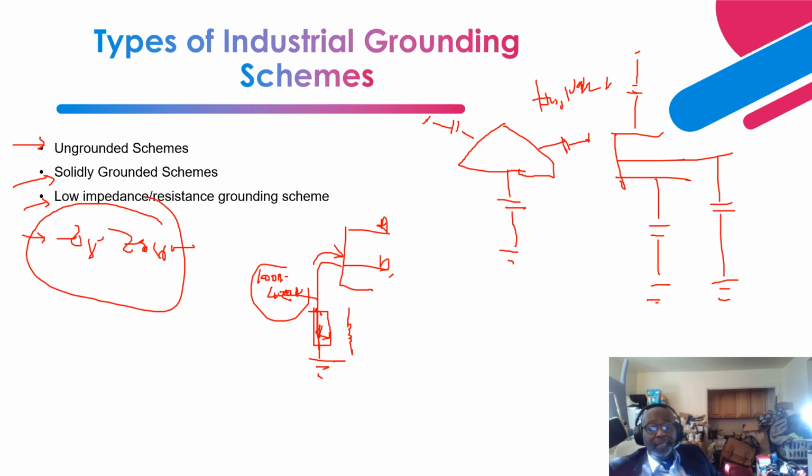Because for ungrounded schemes, more often than not, you use monitoring and visualization alarms to detect the first fault, for the operator to take action and detect where the fault location is. But if the operator doesn't react quickly, the possibility of a second fault can be very disastrous and can cause significant damage to the equipment.